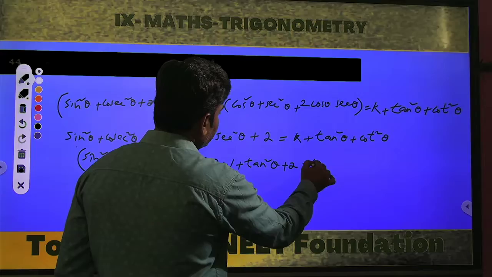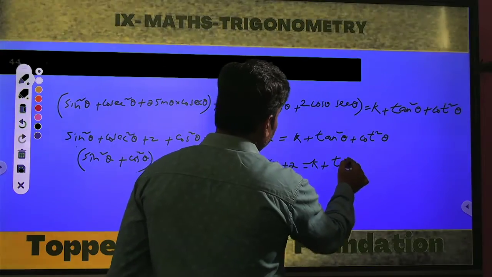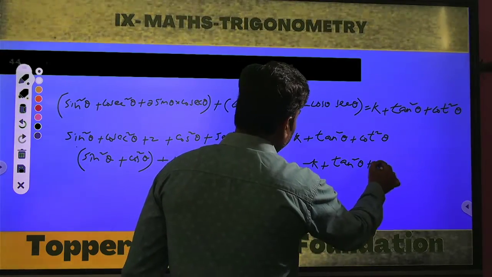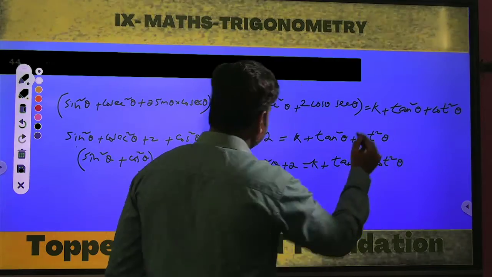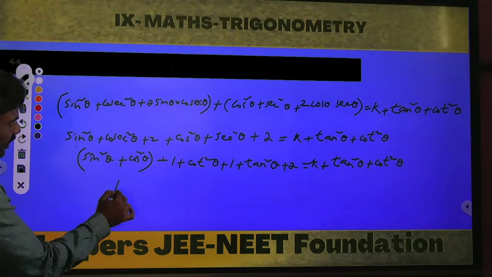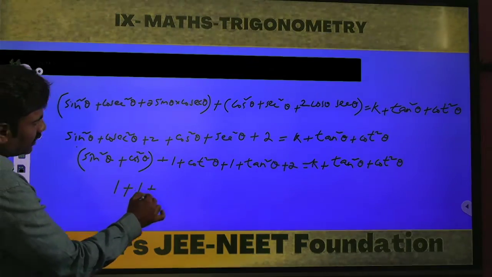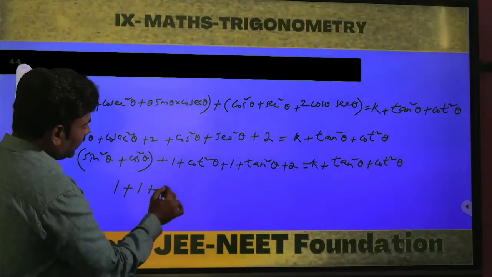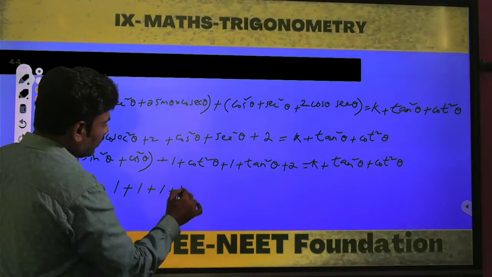Plus 2 is equal to k plus tan square theta plus cot square theta. Now, sin square theta plus cos square theta has value 1, plus 1 plus cot square theta, plus 1 here, plus 2 here.